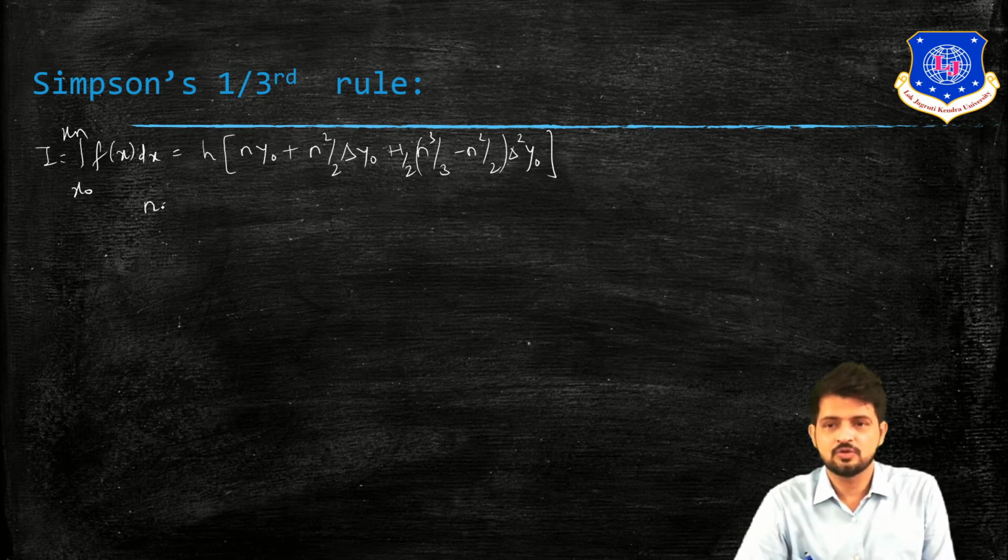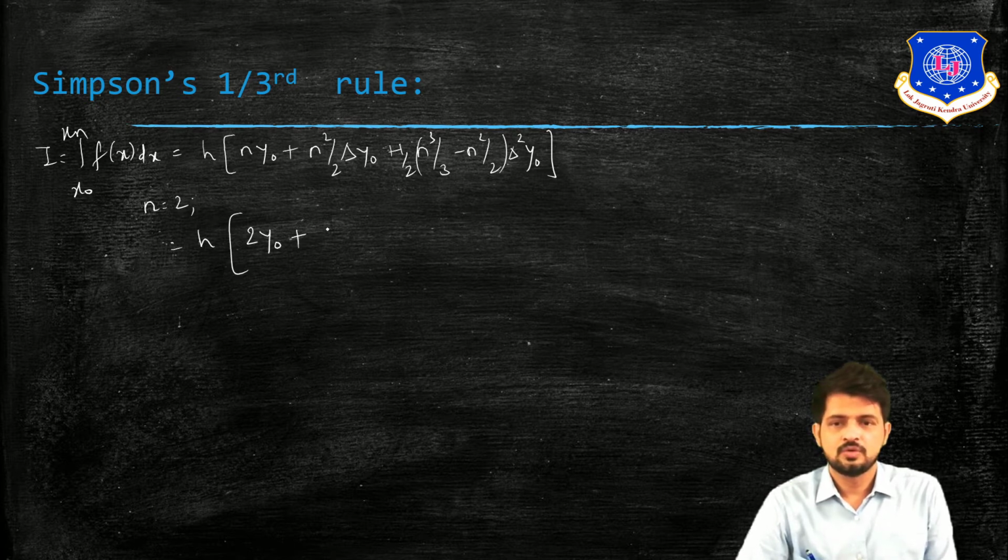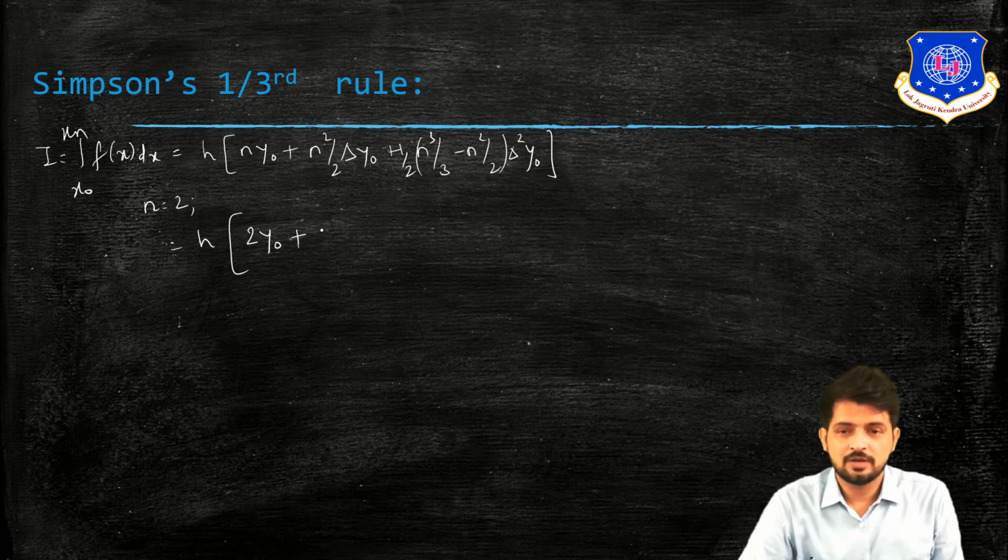Okay, here we have to place n equals to 2. So I can write h in bracket 2y0 plus 4 by 2, that is 2, into del y0 plus 1 by 2 into 8 by 3 minus 2 into del square y0.